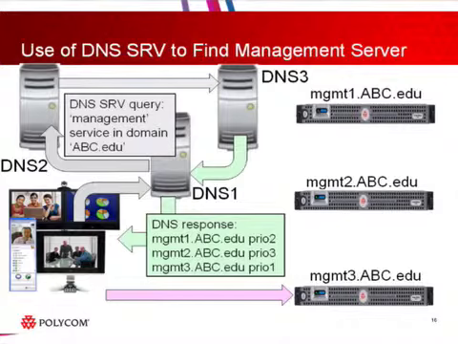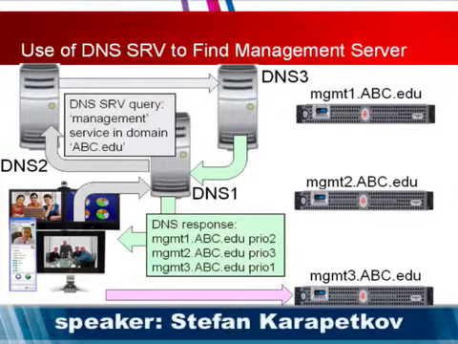If the video endpoint behaves as expected, it will connect to this management server and retrieve information from it. If something happens and this server fails, then the video endpoint will go and pick the priority 2 and connect to the management server 1 in this case, which is up here. So this is a very good mechanism to avoid single point of failure and make sure that management always works.